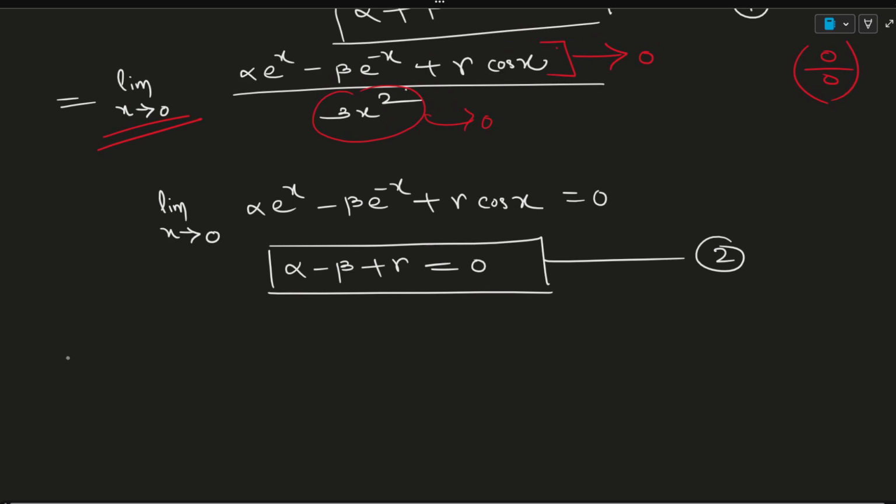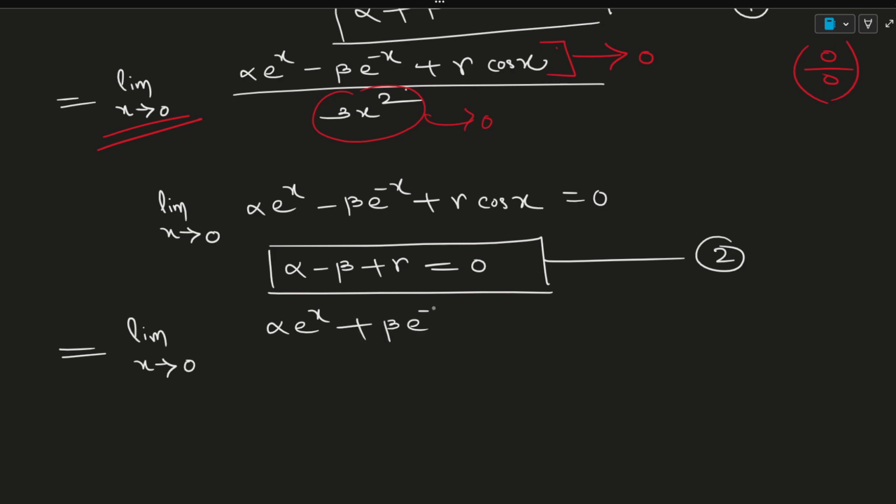Now we are going to apply L'Hospital rule again. So it will be alpha e to the power x, beta e to the power minus x, gamma sin x, and it will be 6x.